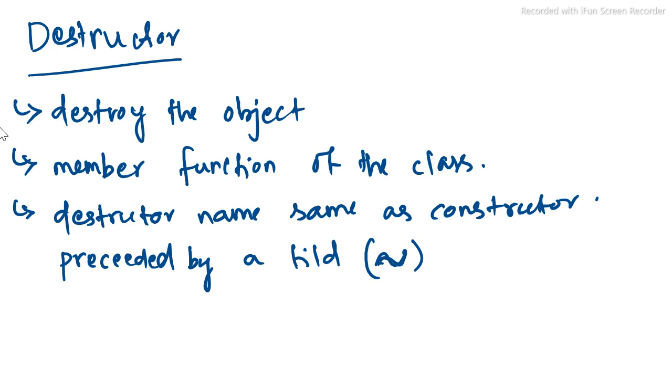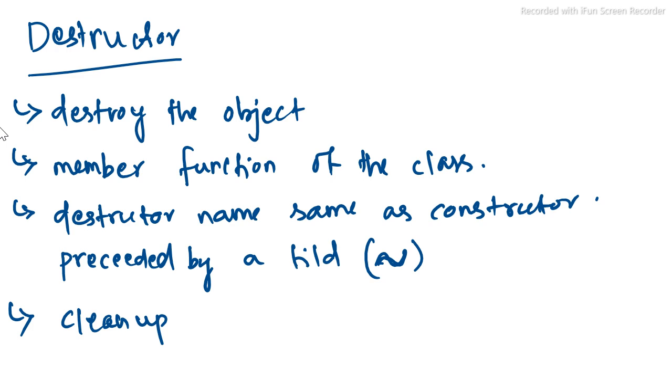It will be called automatically by the compiler when it exits the program, to clean up the storage which was taken by the object. So basically, to clean up or delete the object, the destructor is called automatically.